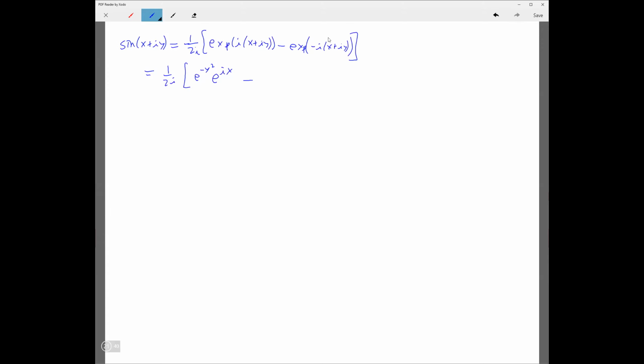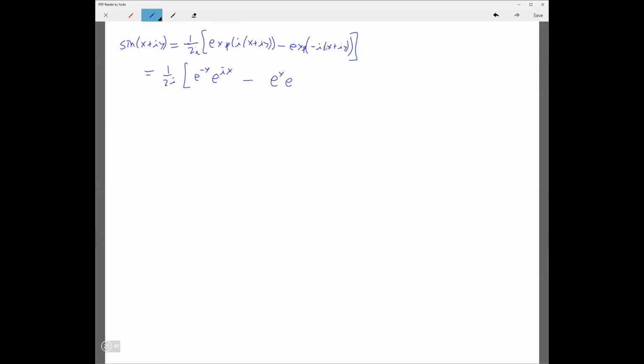Okay, and then this one right here, the real part is negative i squared y, so that's going to actually be positive y.